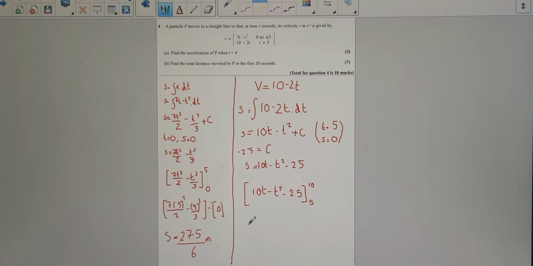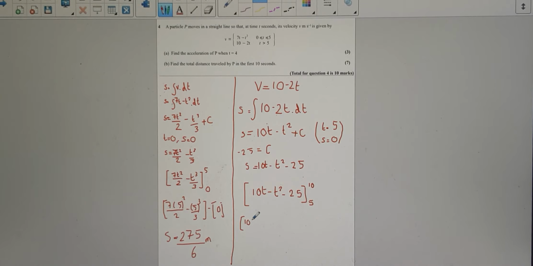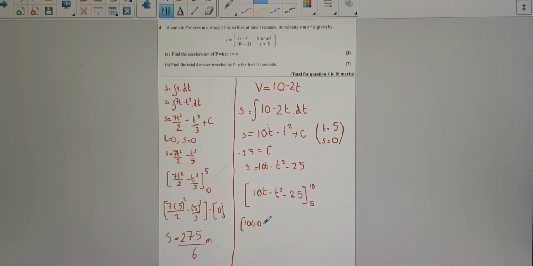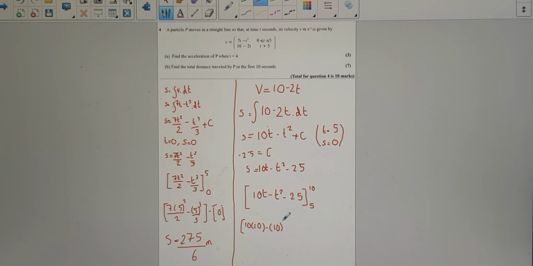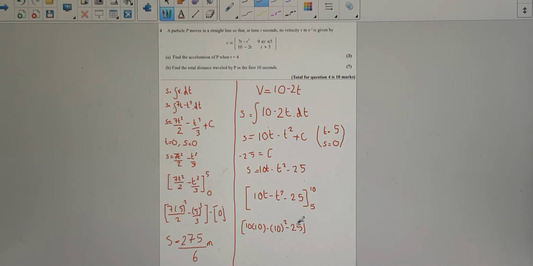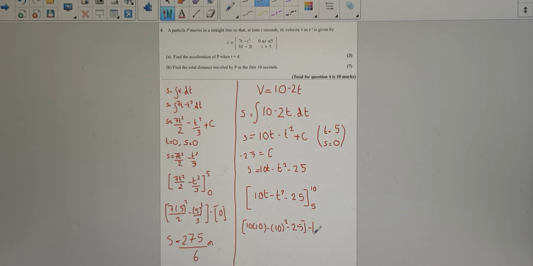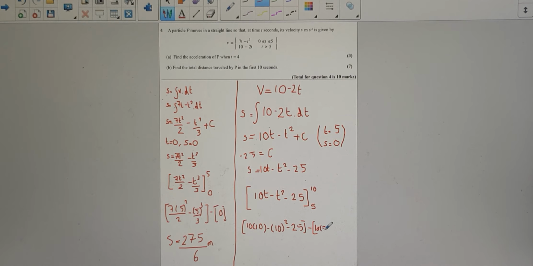Right, let's substitute in those two values now. So I know that 10 lots of 10 minus 10 squared minus 25, and then minus 10 lots of 5 minus 5 squared minus 25.